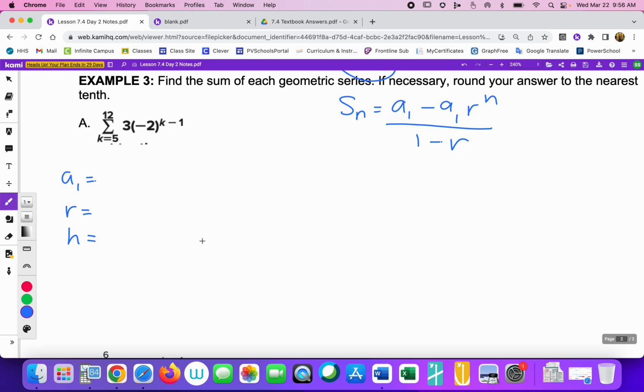Okay. But to find your first term, you take the K value and plug it into the exponent and simplify that down. That would be your first term that you're dealing with. Okay. So to find A1, you plug the K value on the bottom into the exponent and simplify. So 3 times -2 to the 5 minus 1 power, which is 4.